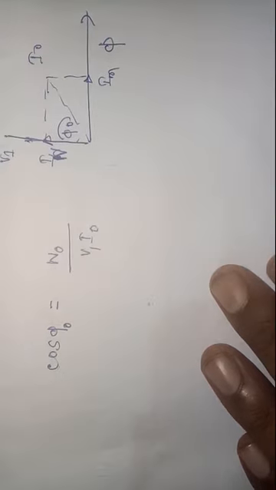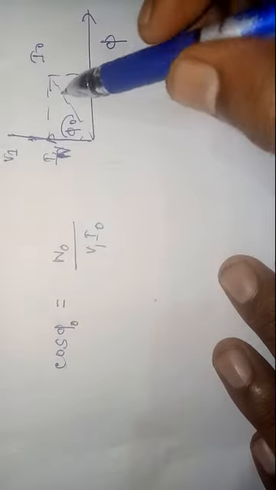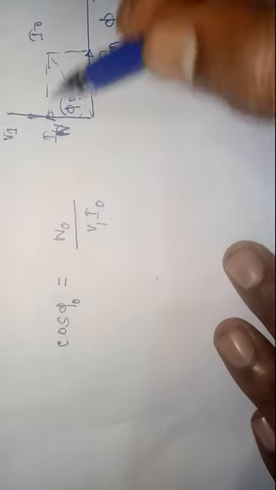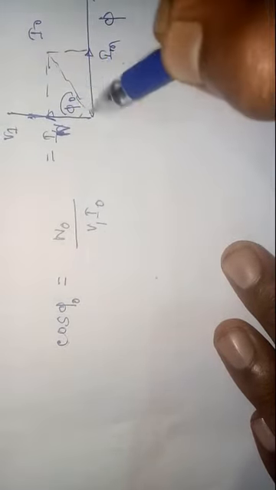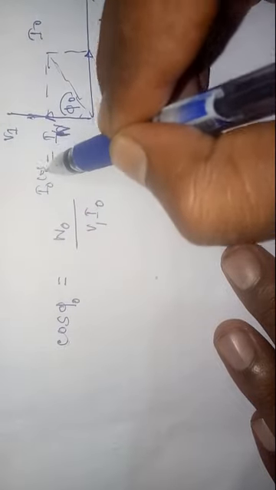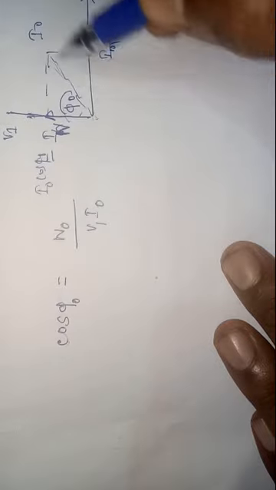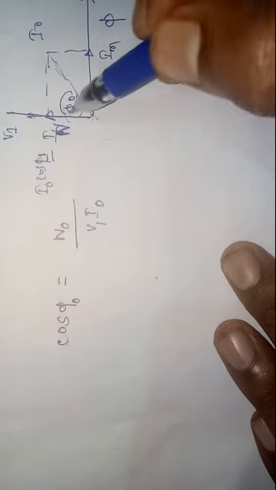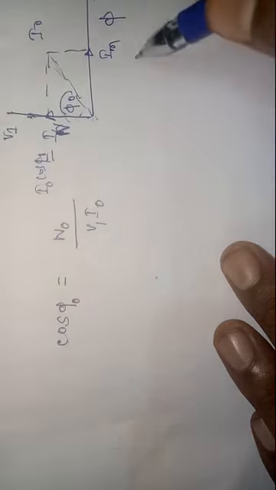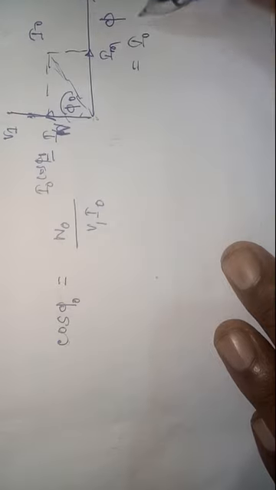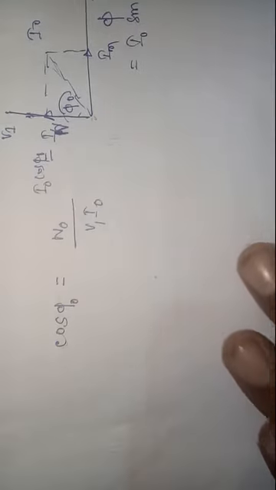We have already done it. So if we resolve this I0, the horizontal component IW will be I0 cos phi 0, and the vertical component Im will be I0 sin phi 0.